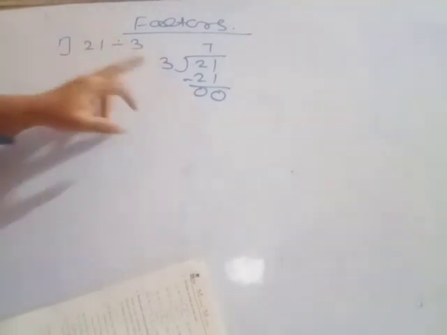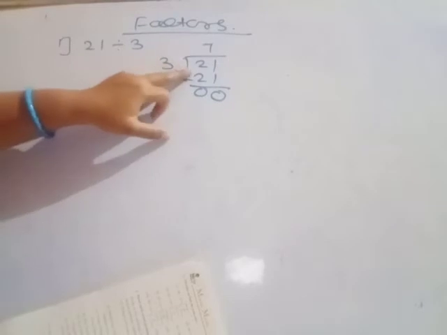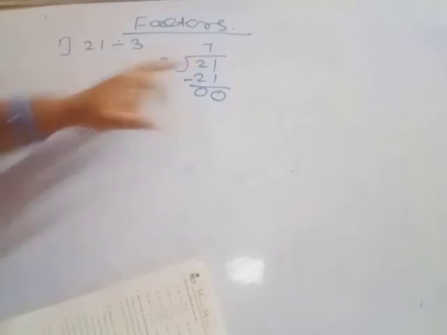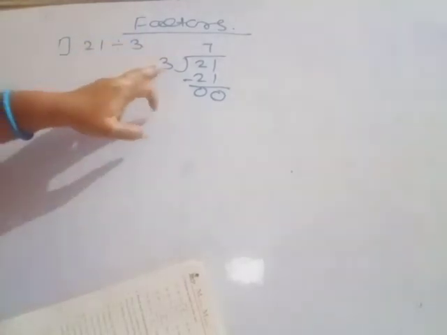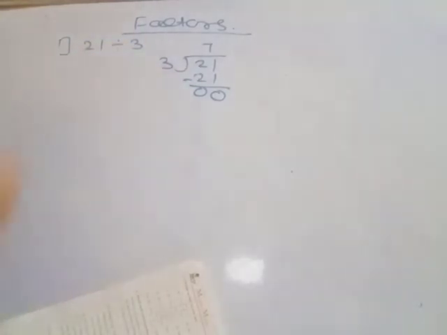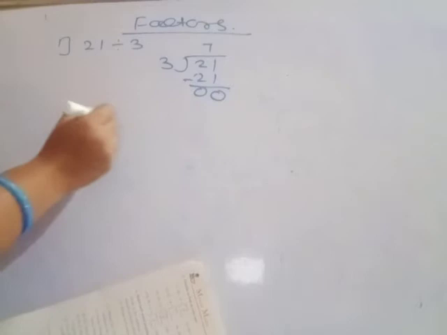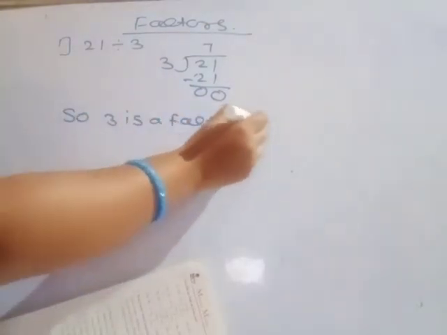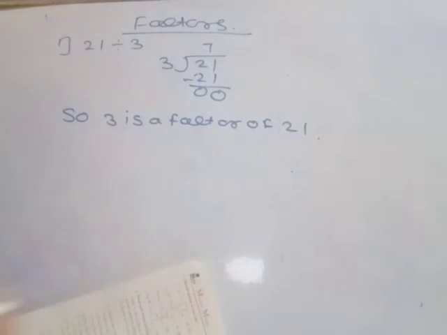This means 3 divides 21 exactly, so 3 is a factor of 21. Here 3 divides exactly 21, remainder is 0, therefore 3 is a factor of 21.